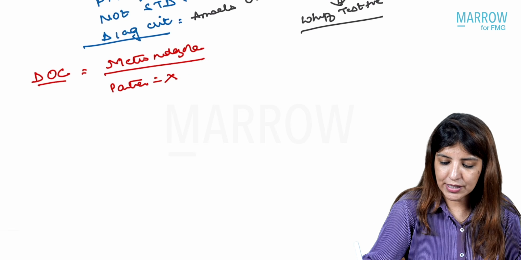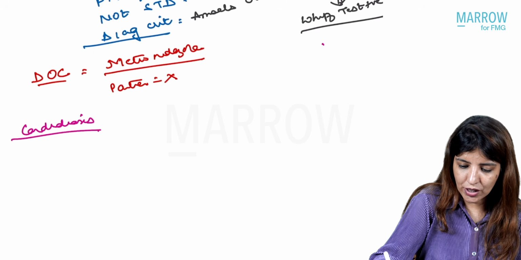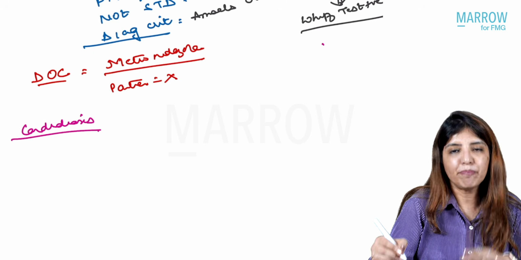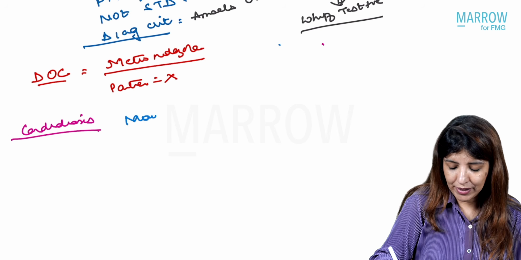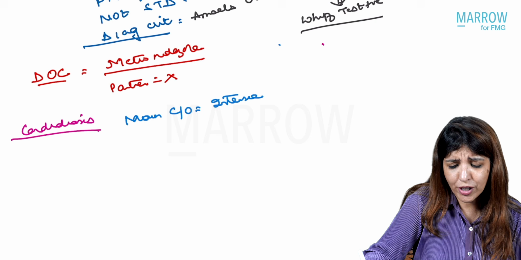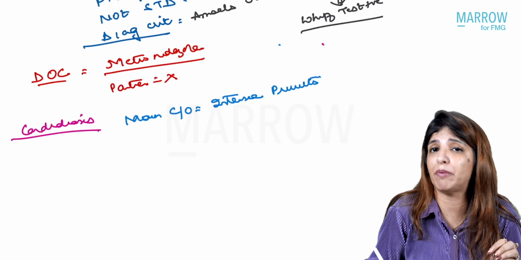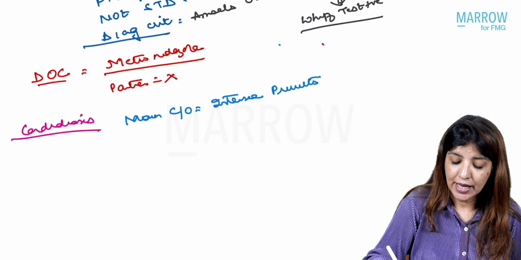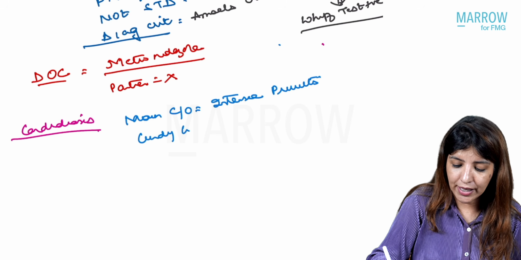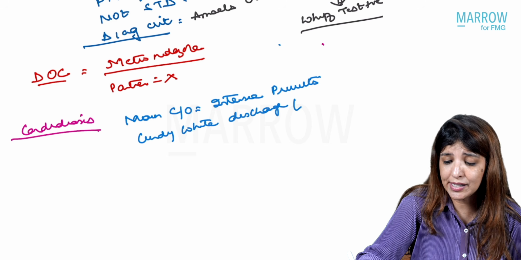If your question is coming on candidiasis, it is going to say that the patient's main complaint is pruritus. She's not much worried about the discharge, but she is more bothered by pruritus or itching. There will be a curdy white discharge, and this discharge usually is scanty.